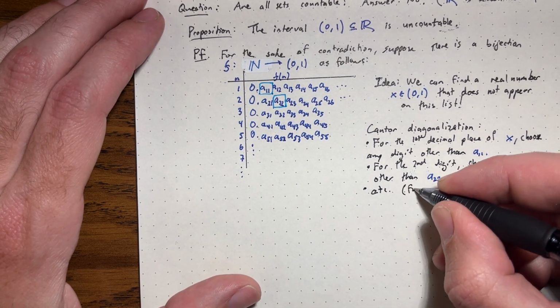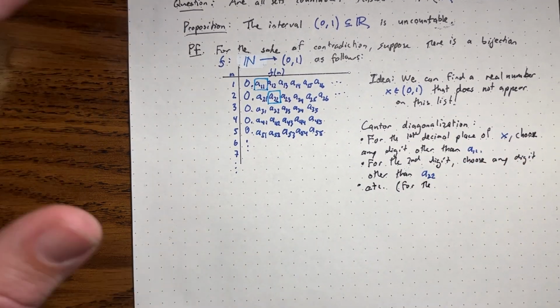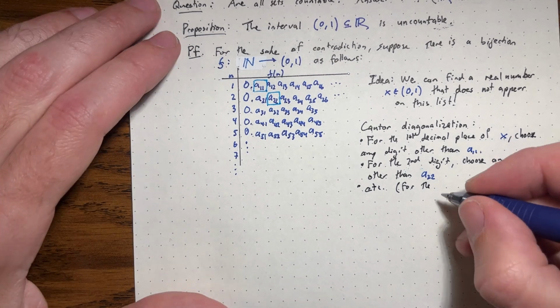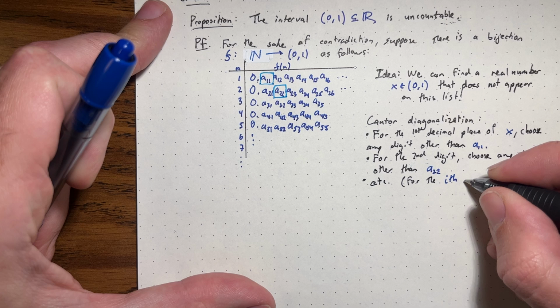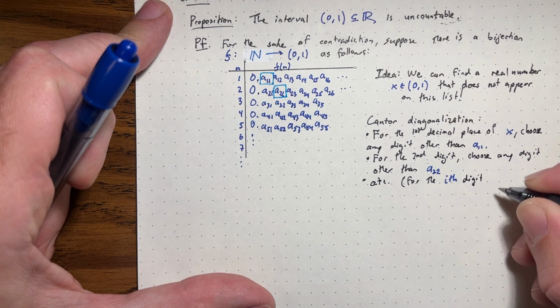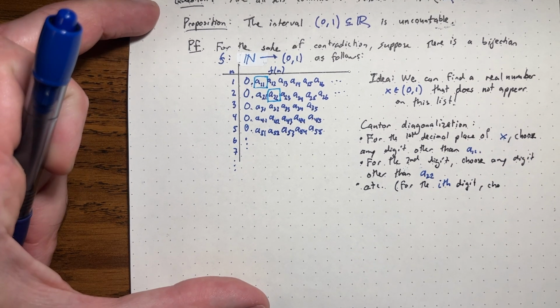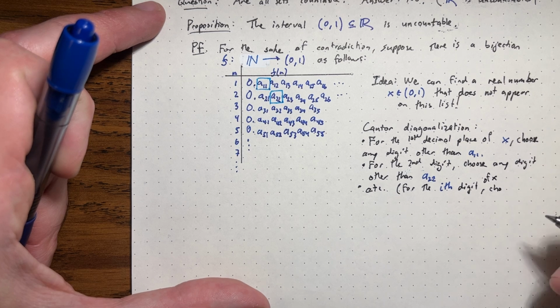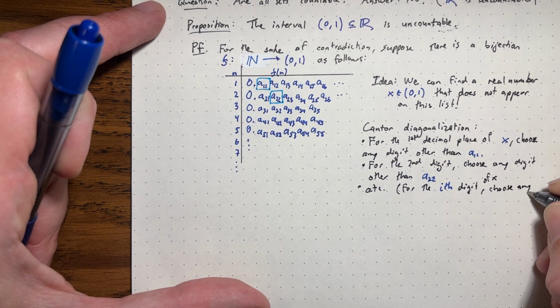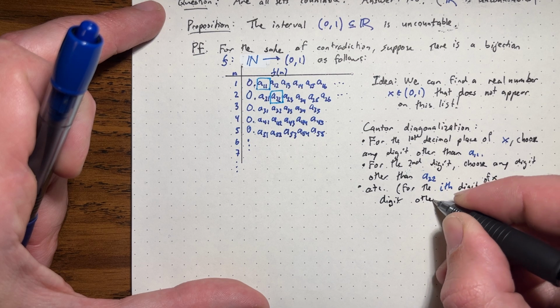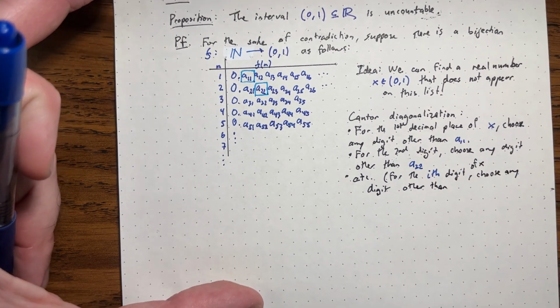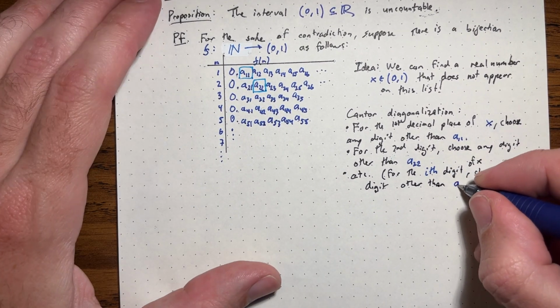So what do I mean, etc.? Let's write it out. For the ith digit of x, choose any digit other than Aii.